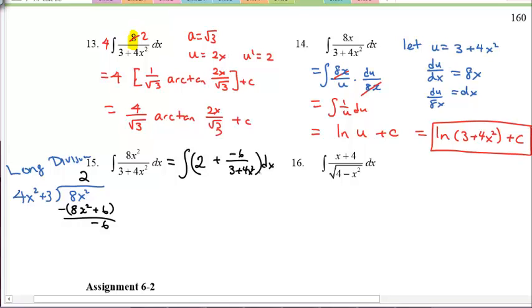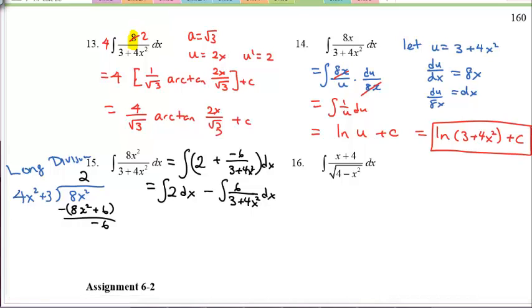Why is this helpful? Because then I can integrate them separately. Integral of 2 dx minus the integral of 6 over 3 plus 4x squared dx.